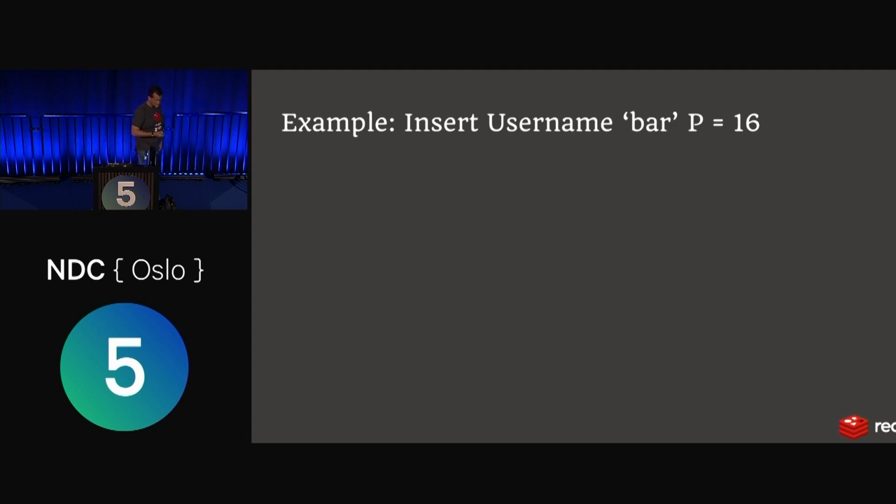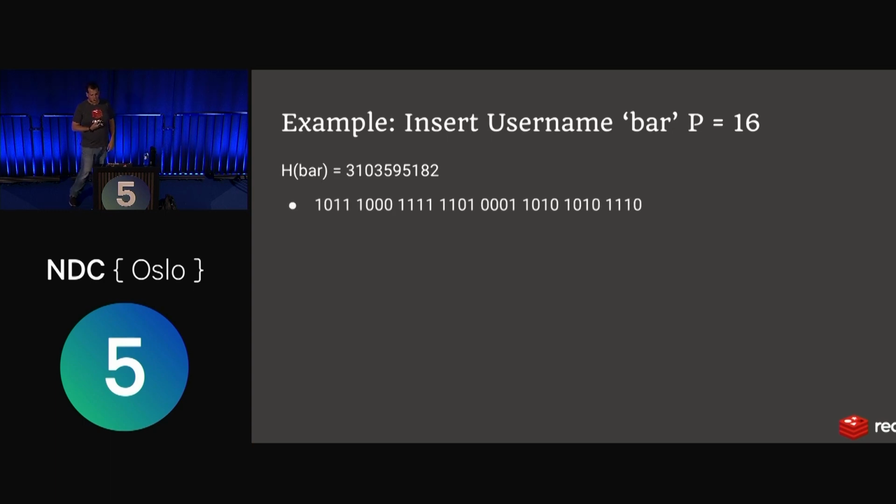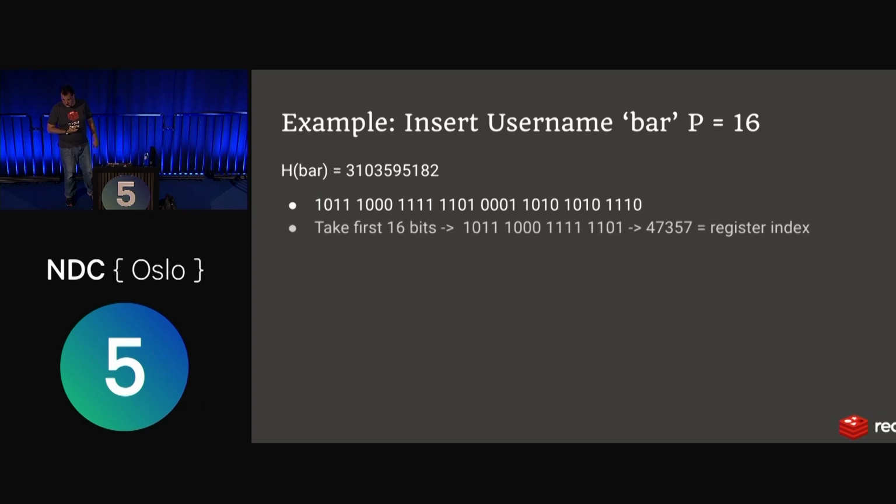So let's go over an example real quick. To insert the username bar with p equals 16, you take the hash of bar and we get this number that I'm not going to read, which is represented by this binary. So you take the first 16 bits of that and you come out with 47,357, and that's the register index. And you set that index to the index of the rightmost one.